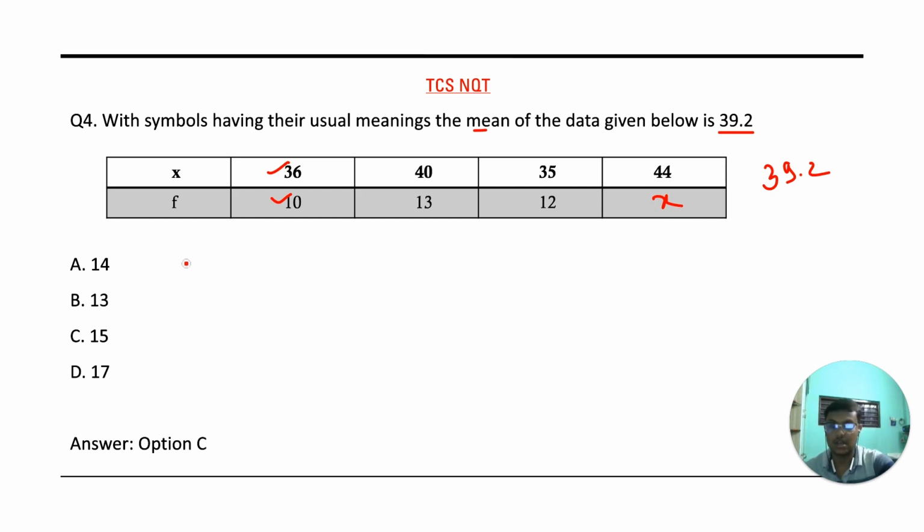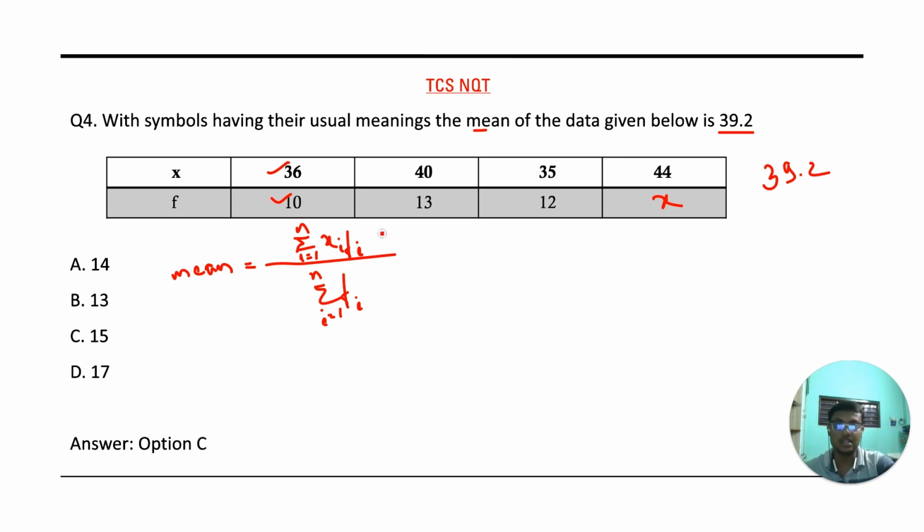Let's say this frequency is X. So for these cases, we need to find the mean. For this kind of data, we can find the mean by using this formula: sum from i equal to 1 to n of xi into fi, divided by sum from i equal to 1 to n of fi.